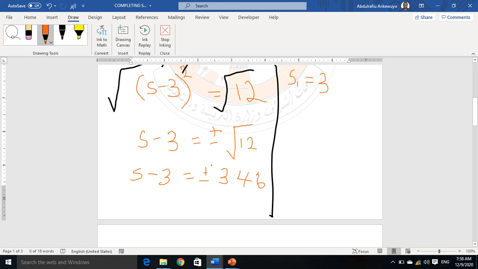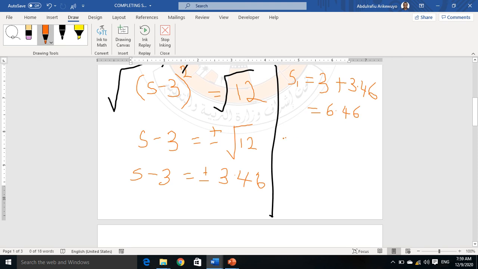Let's start with plus. Plus 3.46. The final answer here is what? 6.46. This is my s, the first one.